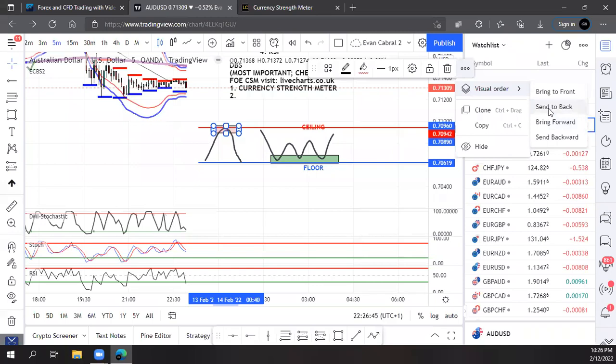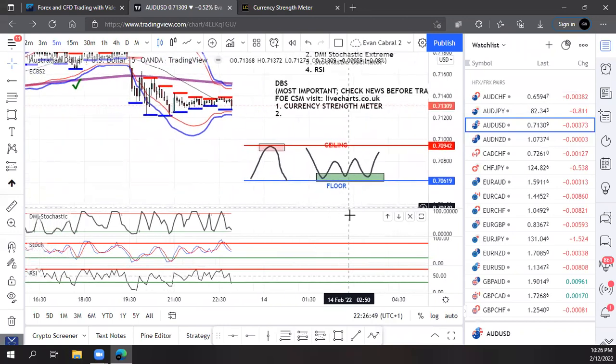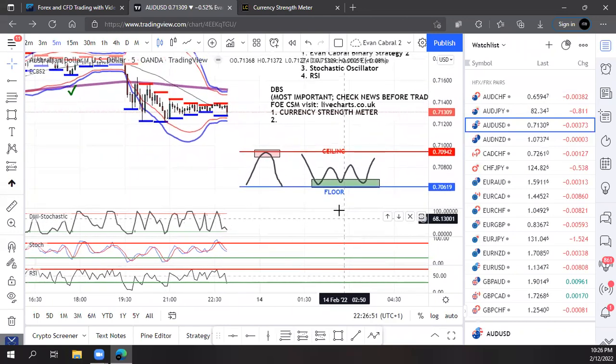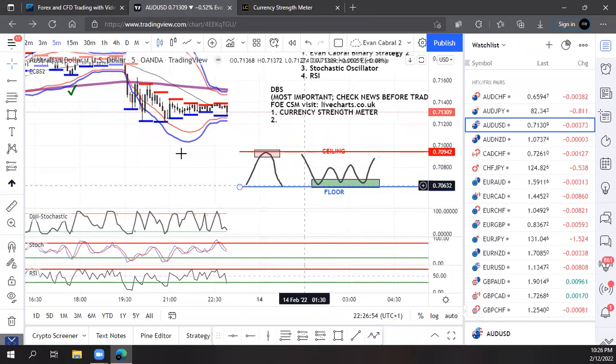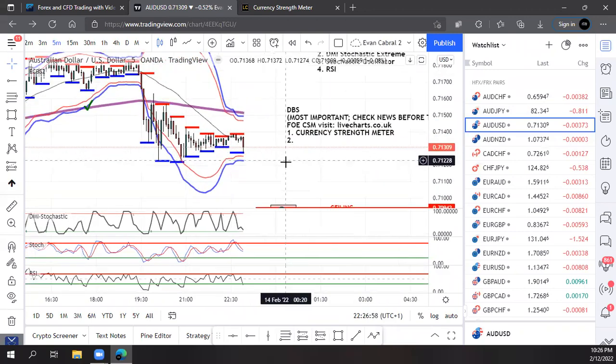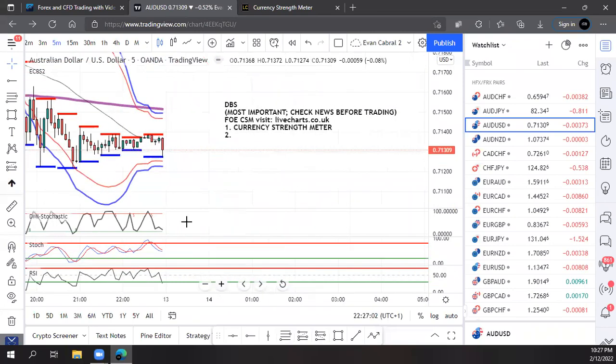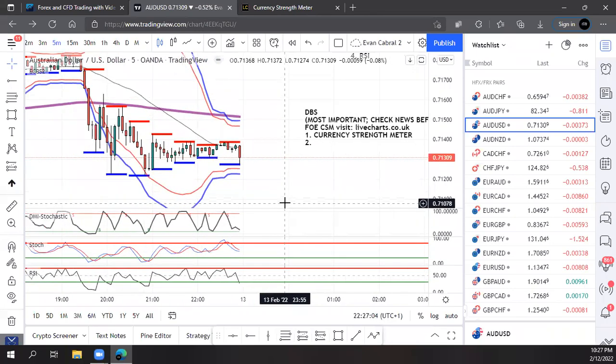Floor. Right? So that's why I've been able to use red and blue. If you open your cash trap, you'll be able to see that cash trap has already given us our support and our resistance, right?